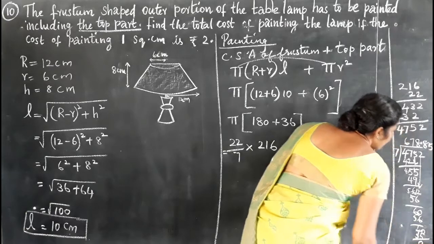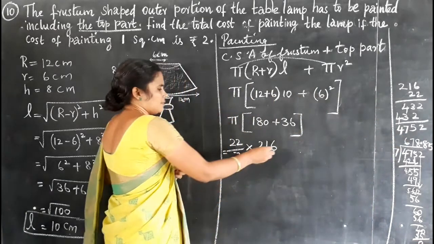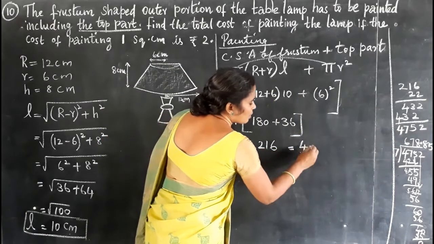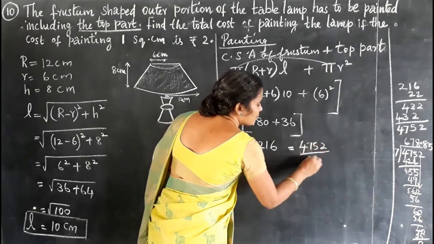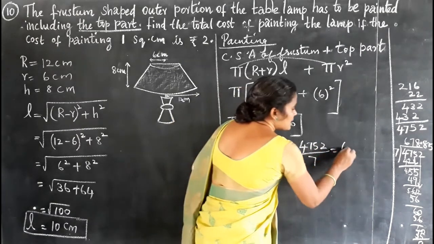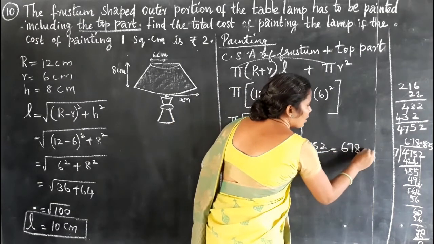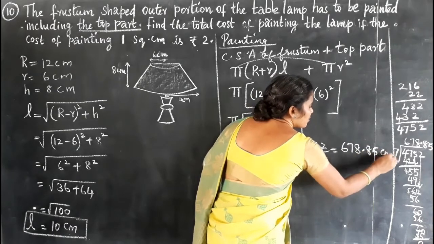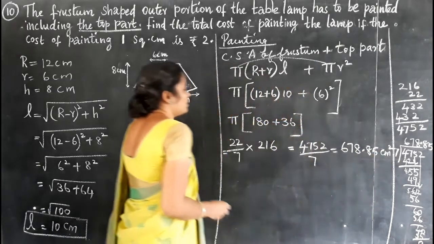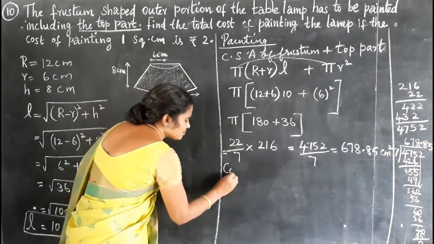So after 2 places, 4752 divided by 7 is equal to 678.85 centimeter square.